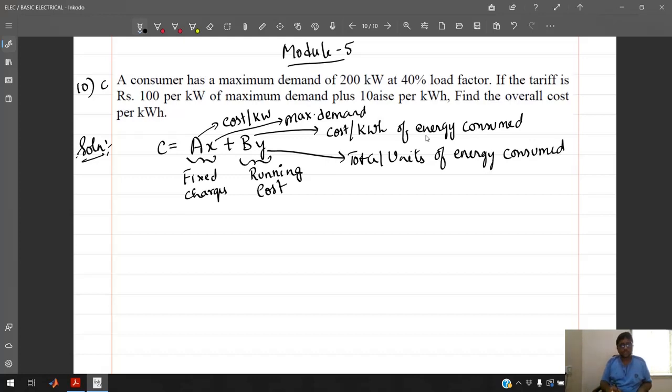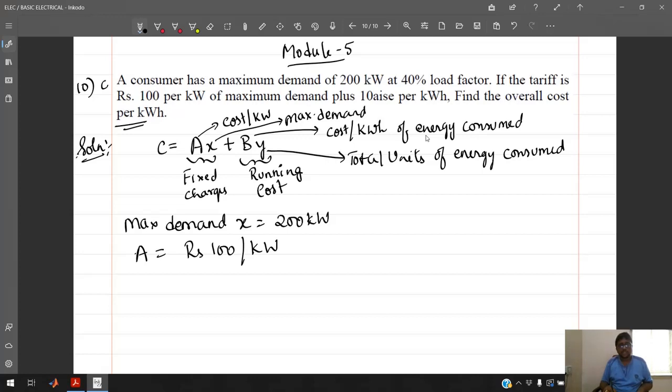Now first and foremost, we will calculate the fixed charges for the given problem. The consumer has a maximum demand of 200 kilowatt. X is the maximum demand, so X is equal to 200 kilowatt. Next, the load factor we'll see later. The tariff is rupees 100 per kilowatt of maximum demand, so A is rupees 100 per kilowatt of maximum demand, plus 10 paise per kilowatt hour.